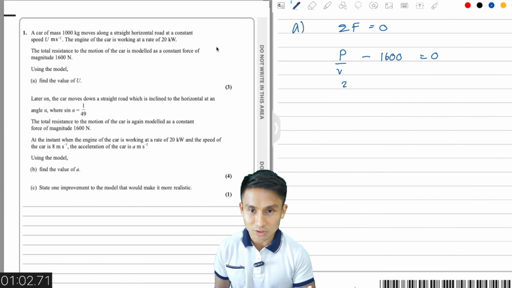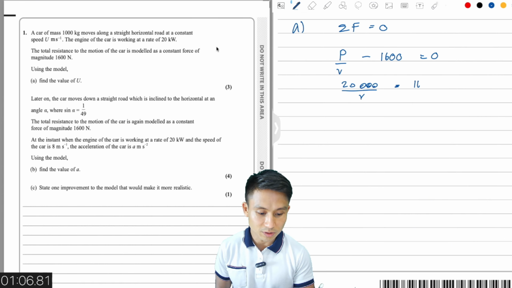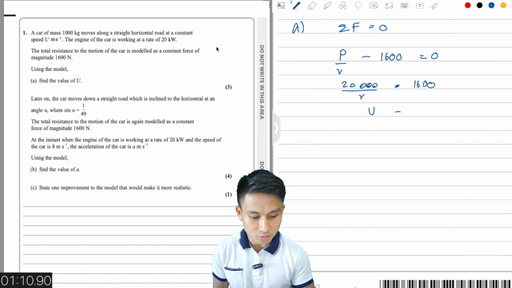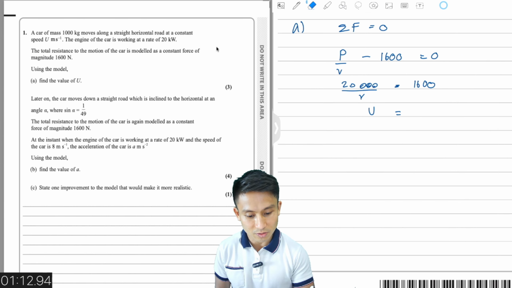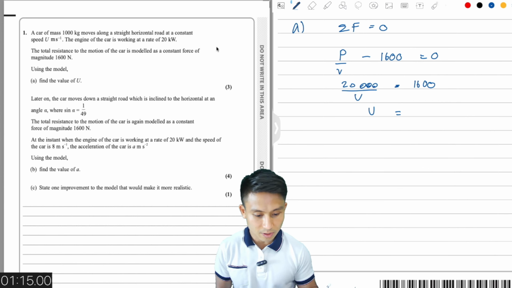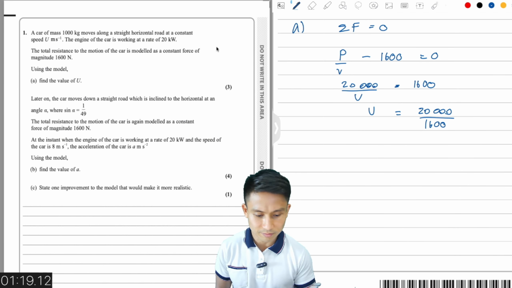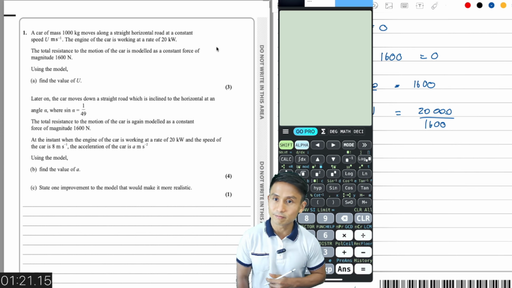So basically just 20,000 divided by V equals 1600, and V is just u, so let me change that to u actually. So it's just 20,000 divided by 1600, that's simple enough.